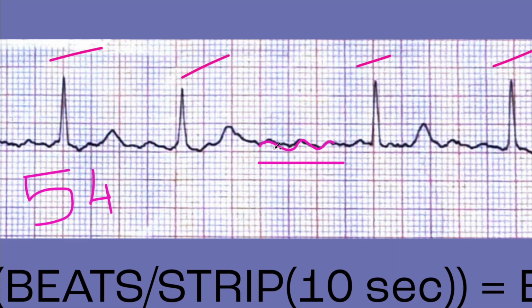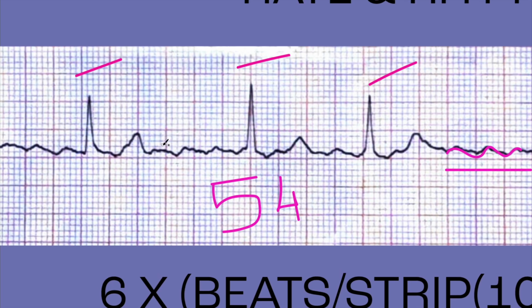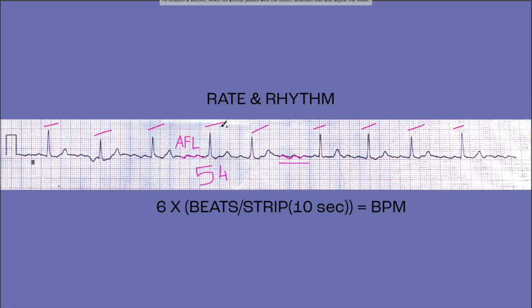And when you see this pattern, we call this a sawtooth pattern, you can immediately associate this with atrial flutter. Now, a shorthand for atrial flutter is AFL. So if you see this somewhere, you know that they're talking about atrial flutter.